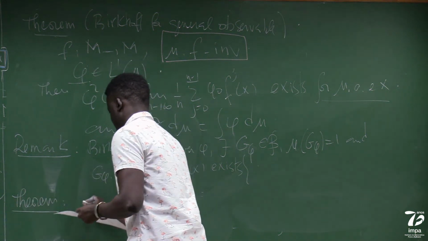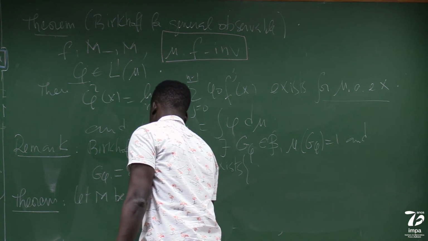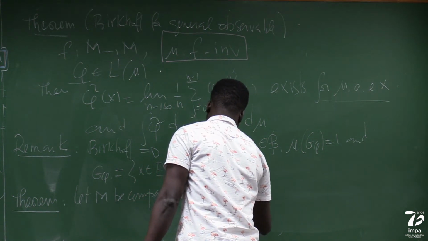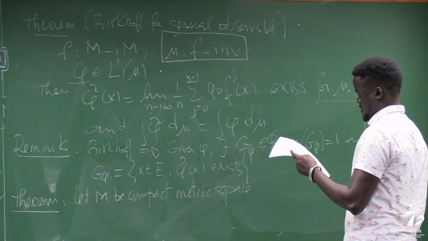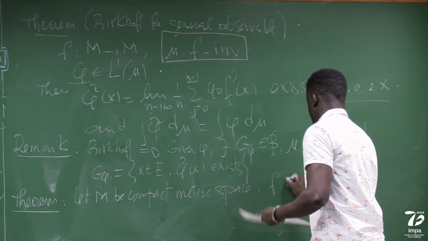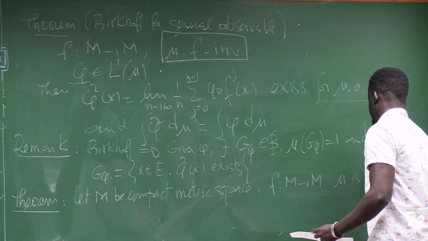So the theorem is: let M be a compact metric space, F from M to M, and mu is F invariant.